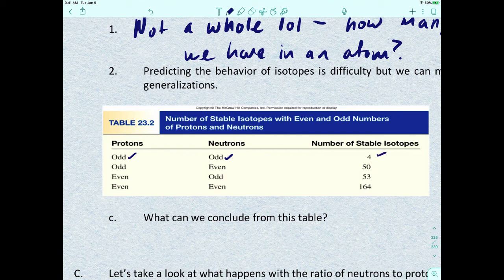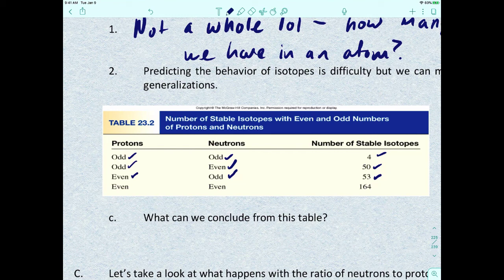Okay, but if we have an odd number of protons and an even number of neutrons, that number goes from 4 to 50 stable isotopes. Now what if we make the number of protons even, but we keep the number of neutrons odd? In this case, we have about 53 stable isotopes, so just a little bit more than having an odd number of protons and an even number of neutrons.